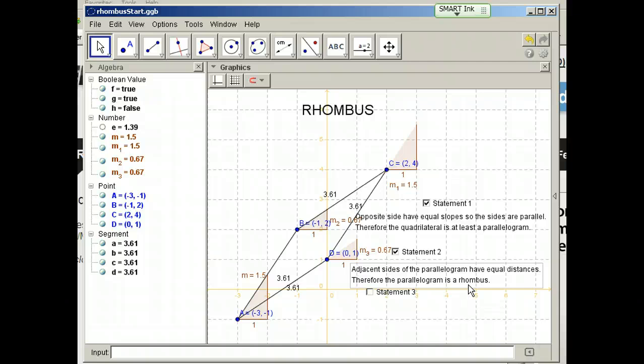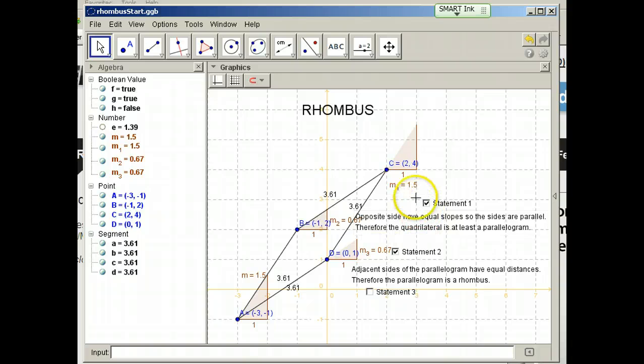All right, lastly, I would like to know, is there any possibility that this parallelogram is also a rectangle? Well, if it were a rectangle, then these sides would have to be perpendicular to each other, and that would mean that the slopes would have to be opposite reciprocals of each other.